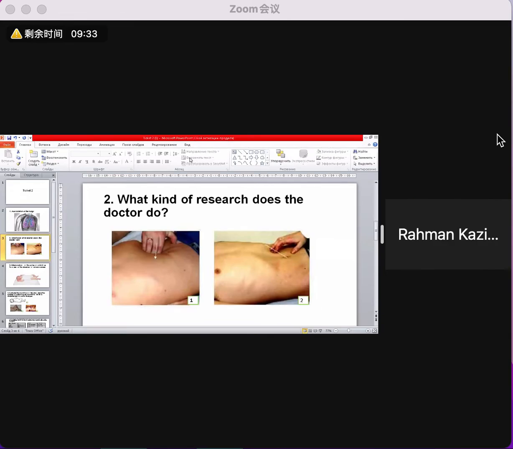This is pancreas. I think pancreas palpation. Pancreas at the left side. Yes, you are right. Let's remember the points and the regions of the pancreas.